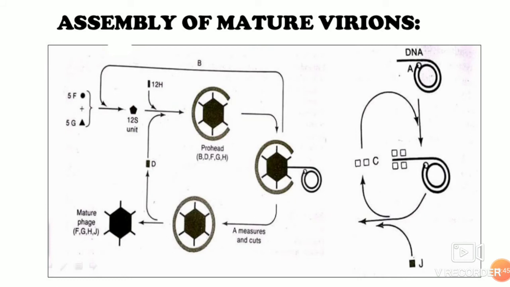That means you have all the proteins in the pro head created, then the J protein along with the genomic DNA assembles into the capsid, forming the final virion.